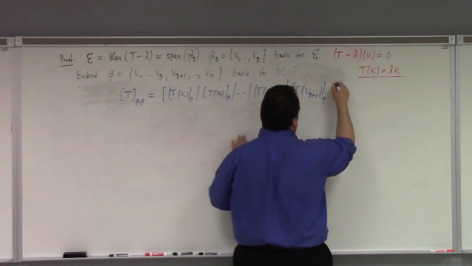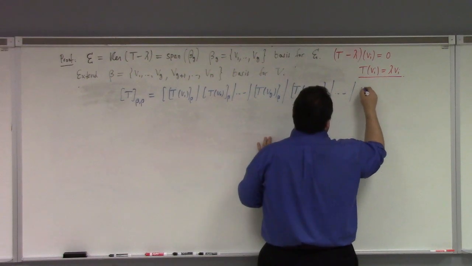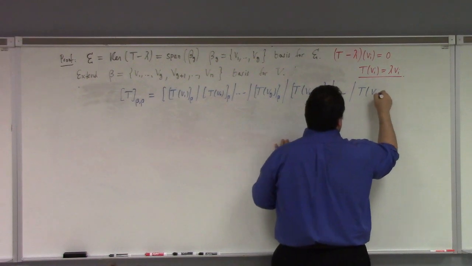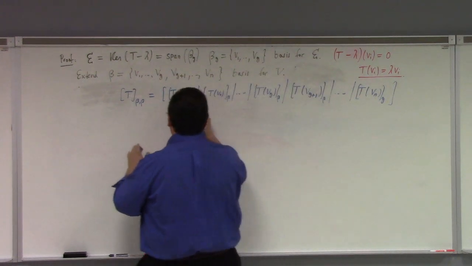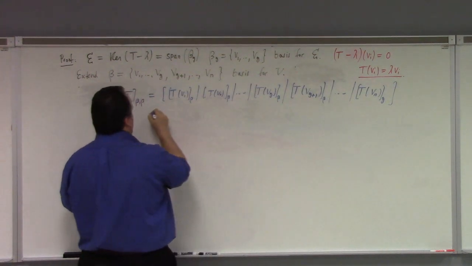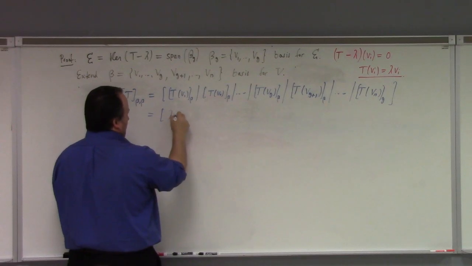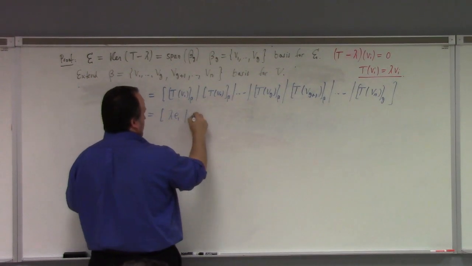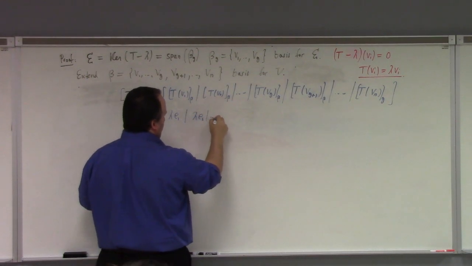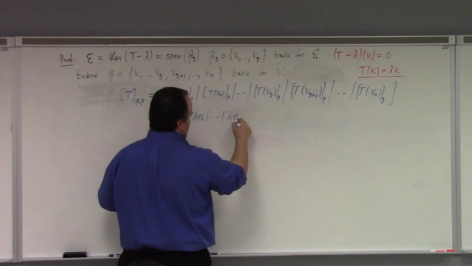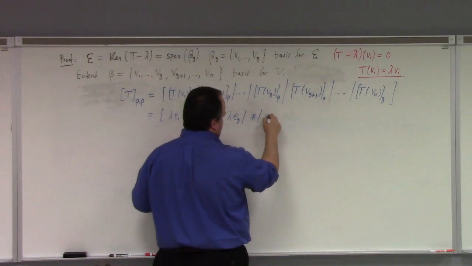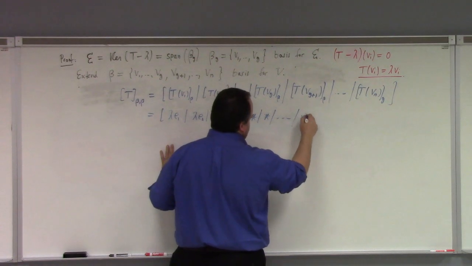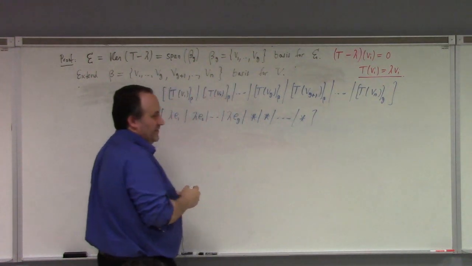The last columns in the matrix really don't get to say much in the current context. But every one of the first ones is just lambda E1, lambda E2, lambda EG. And then I don't care whatever goes over here, right? Doesn't really matter.